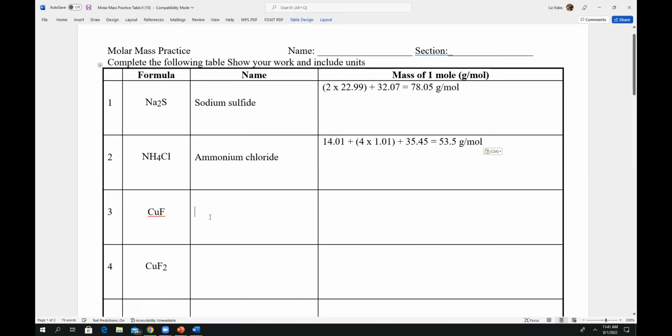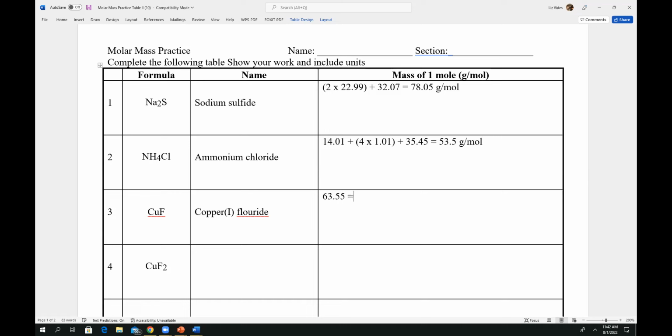All right, the next one is copper 1 fluoride. How do I know it's copper 1? Because fluorine is 1 minus. All right, so copper, you have 1 copper and 1 fluorine. So copper is 63.55.